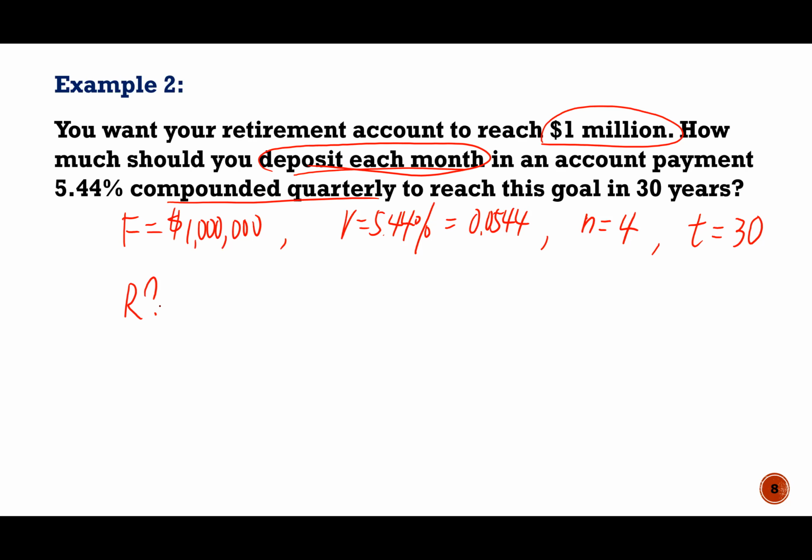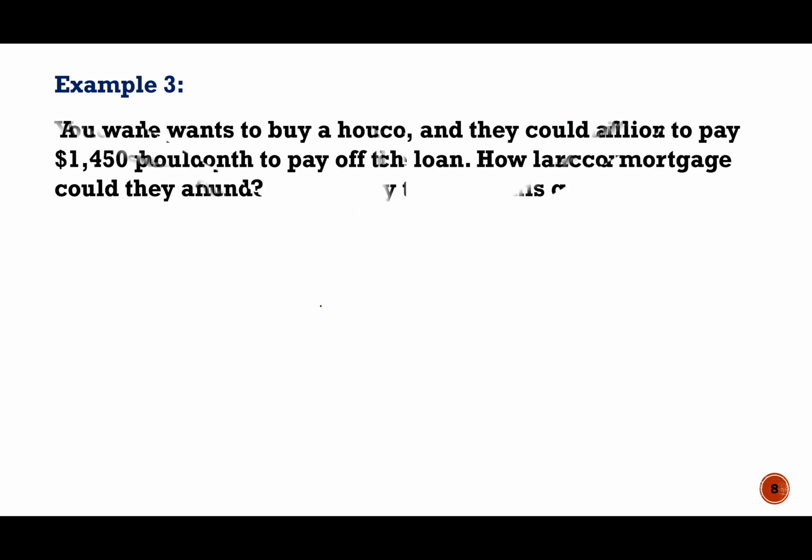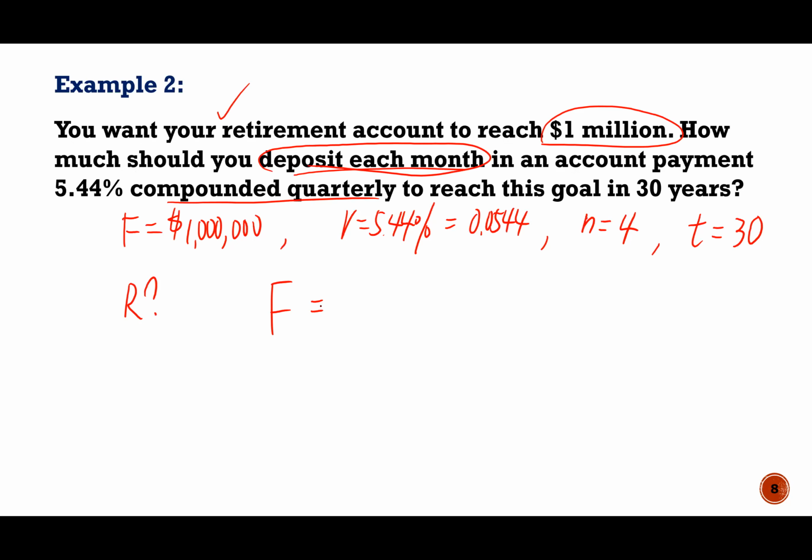So still, this is about future value of the annuity because it's a retirement account, definitely a future value. So future value of annuity equal to, we just apply the formula: regular payment times 1 plus R over N to the NT minus 1, over R over N. Okay.